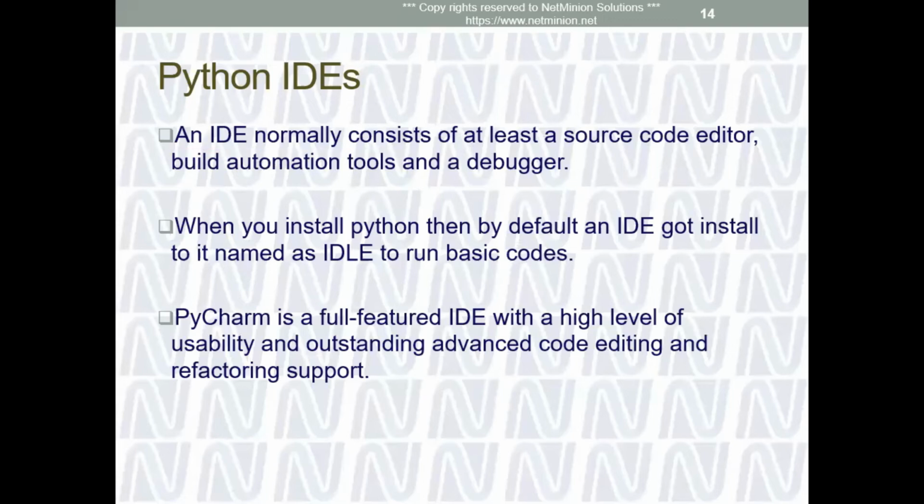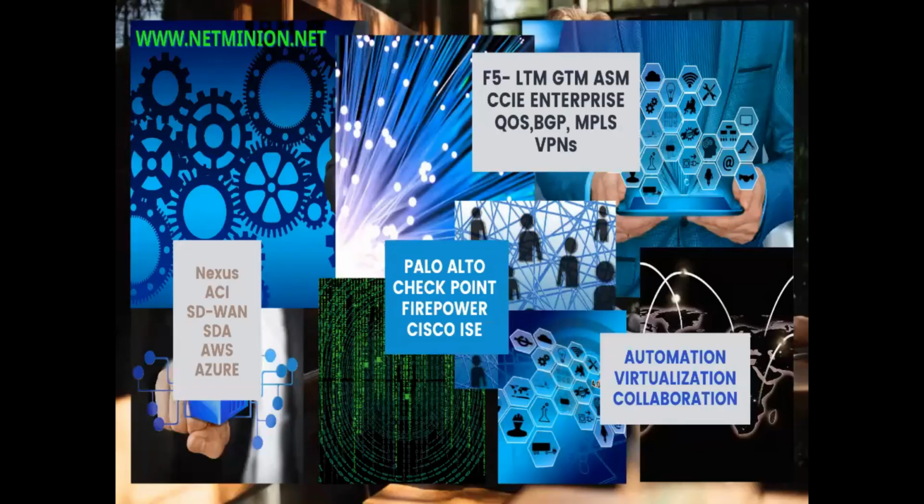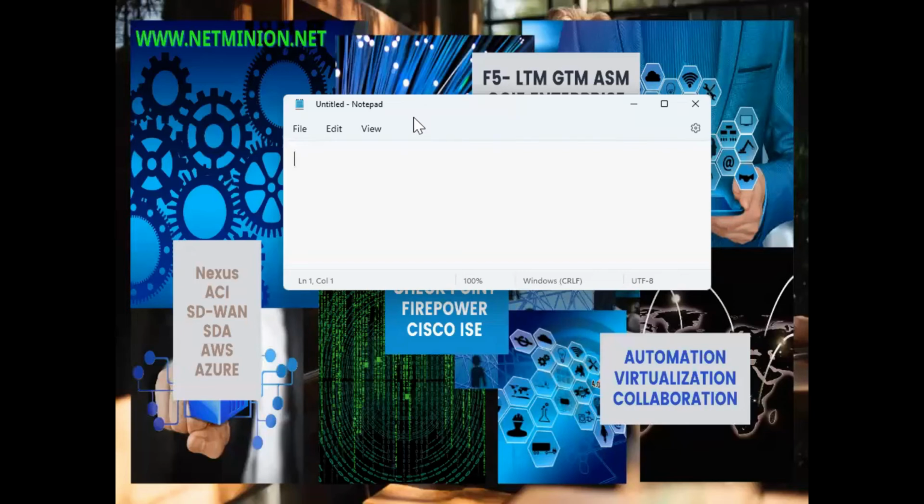I am opening a simple Notepad. Into this Notepad, I am writing print, which is a function, where whatever value I need to print, I can put over here. I am printing the value: welcome guys to 2022 Python first batch.